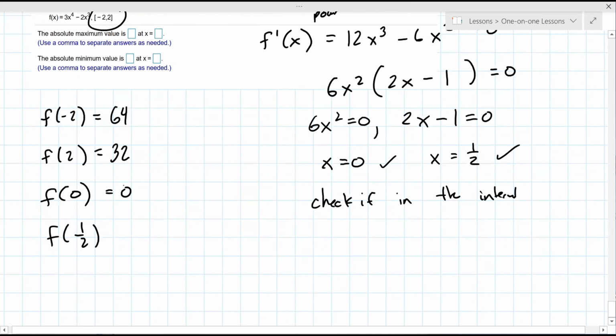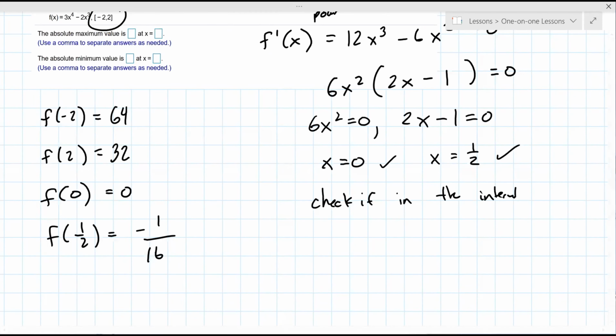So f of 0 is 0, and now you put 1/2 back into your original function. It's the original equation. So you get -0.0625, or a fraction.